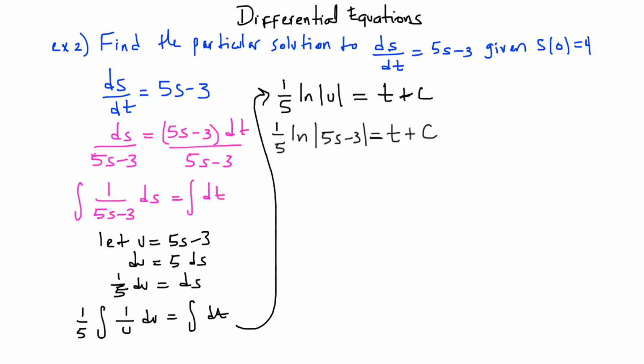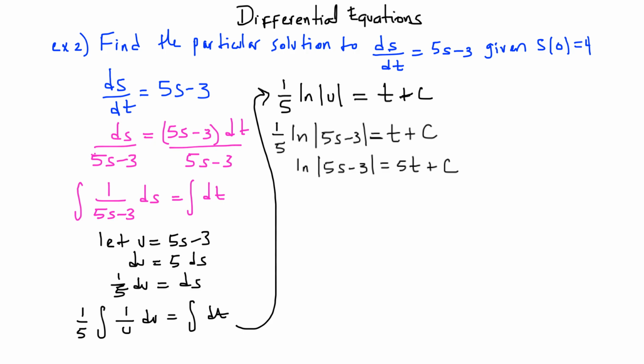So one thing I'm going to do is multiply both sides by 5. And so I'll get the ln of |5s minus 3| equals 5t plus c. But 5 times c, isn't that just another constant c? 5 times a constant is just a constant, so I'm just going to leave it as c.